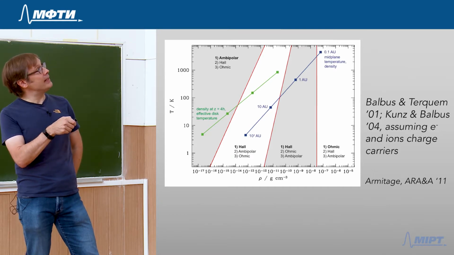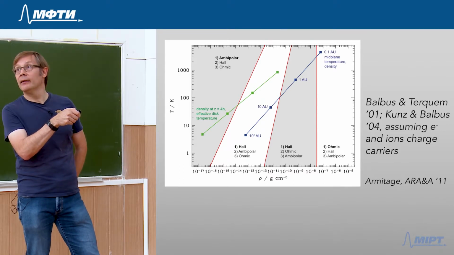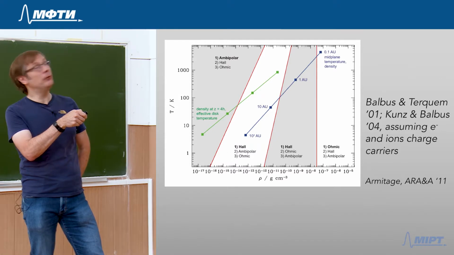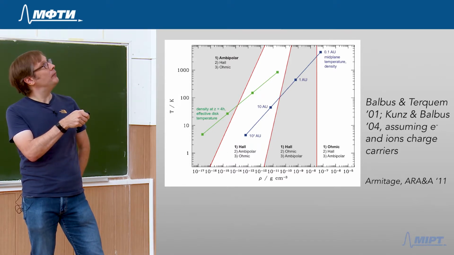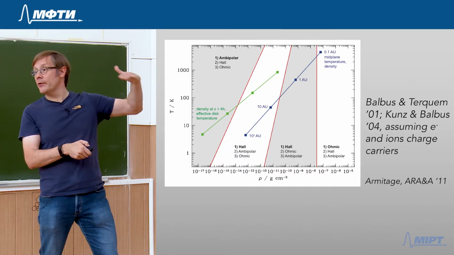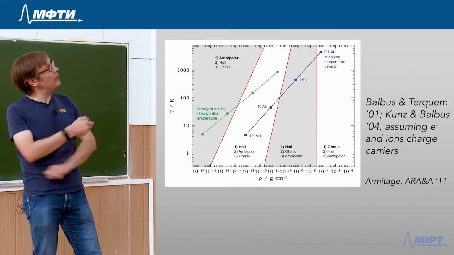Okay? And these lines show where the midplane of a protoplanetary disk would track as we go from close to the star to large distances, from 1/10 of an AU up to 100 AU, and then this would be in the disk atmosphere where we're up in the Gaussian, and so the density is lower. Okay, so what can we say here?